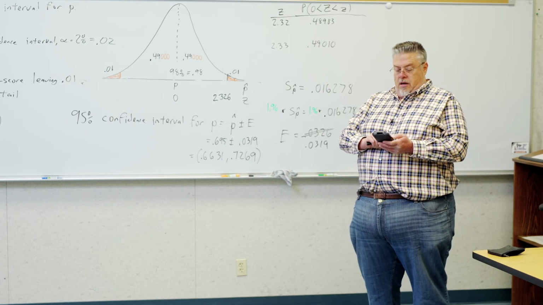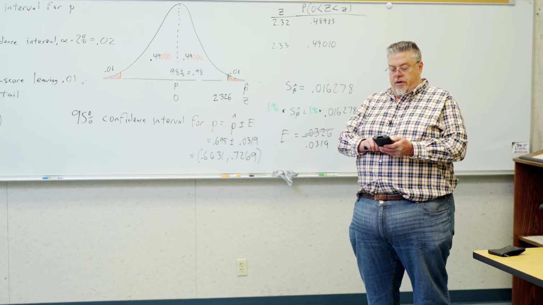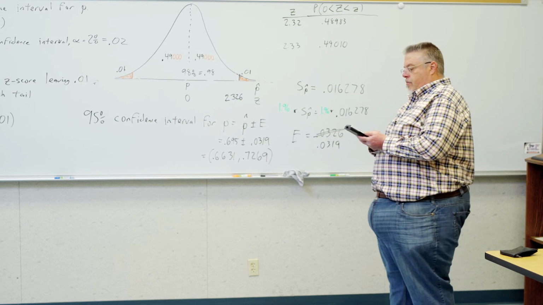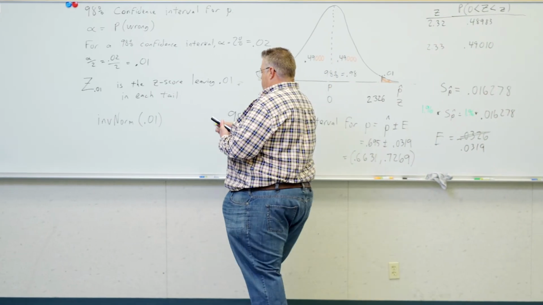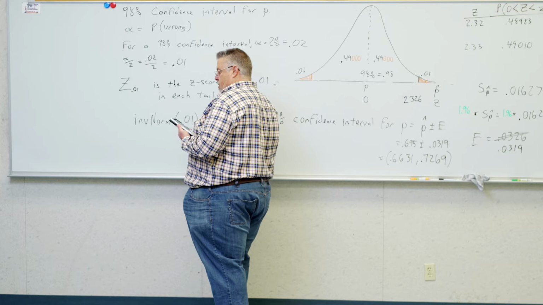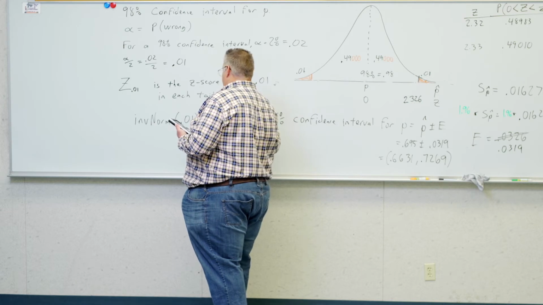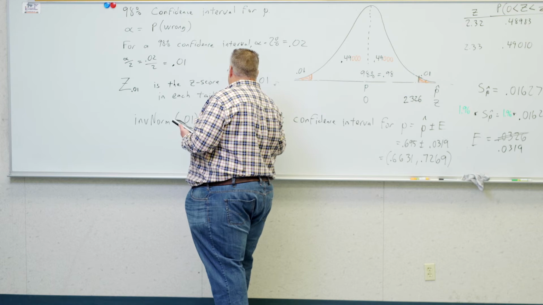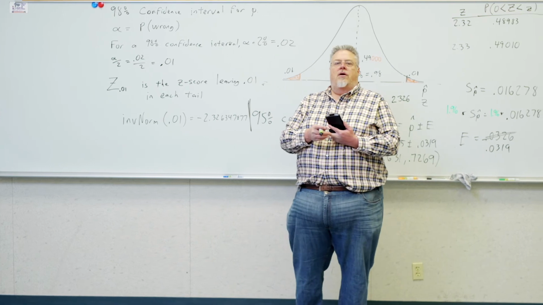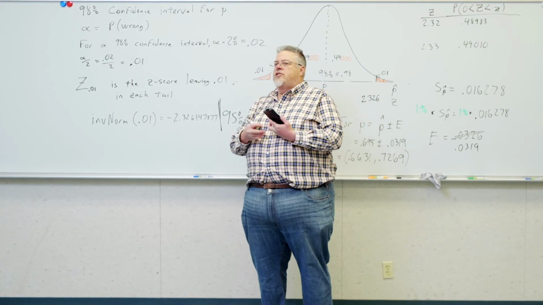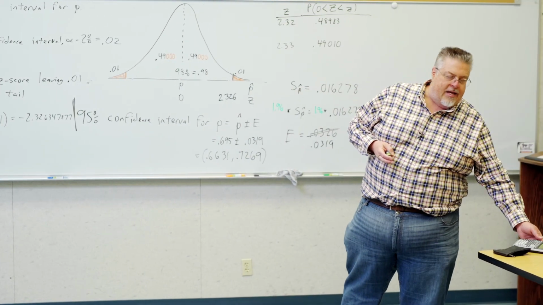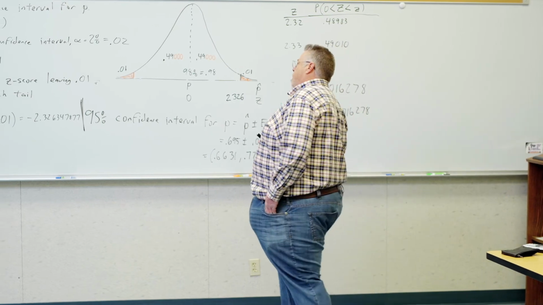And the calculator, if you go to distributions and choice number 3, inverse normal of 0.01, my calculator tells me to ridiculous accuracy, negative 2.326347877. Now that's way overkill on the digits. All right. But what I wanted to demonstrate to you here is that we've got 3 different ways to find this critical z-score here.